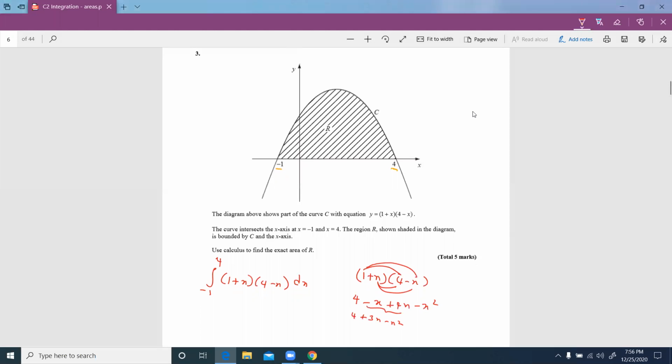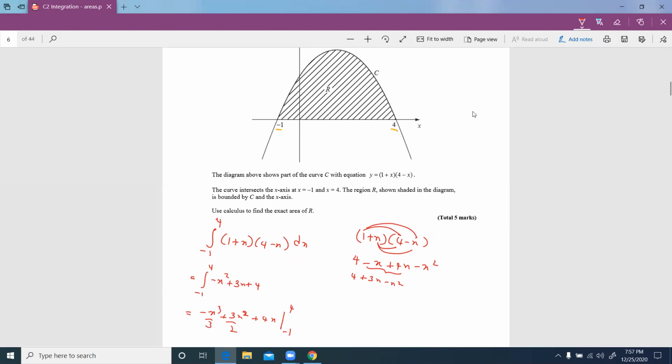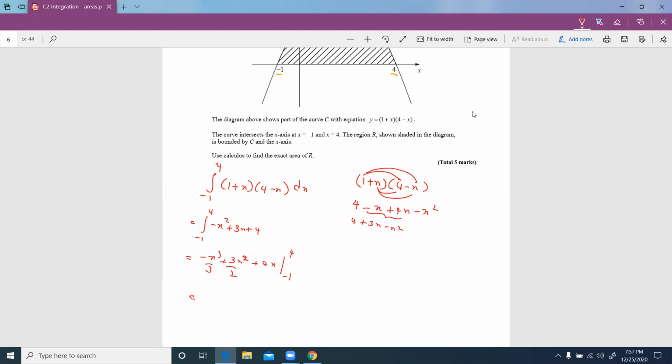So this integration is from -1 to 4 of minus x squared plus 3x plus 4. Very easily, you get the answer minus x cubed over 3 plus 3x squared over 2 plus 4x, integrated from -1 to 4. To get this, initially substitute 4 and minus substitute -1. We already learned this in the previous topic.